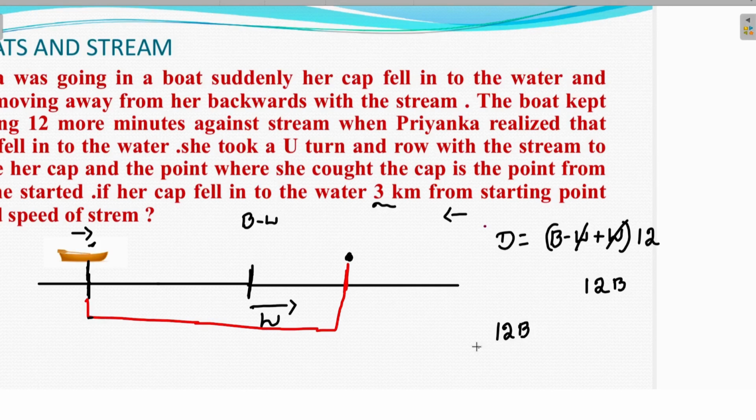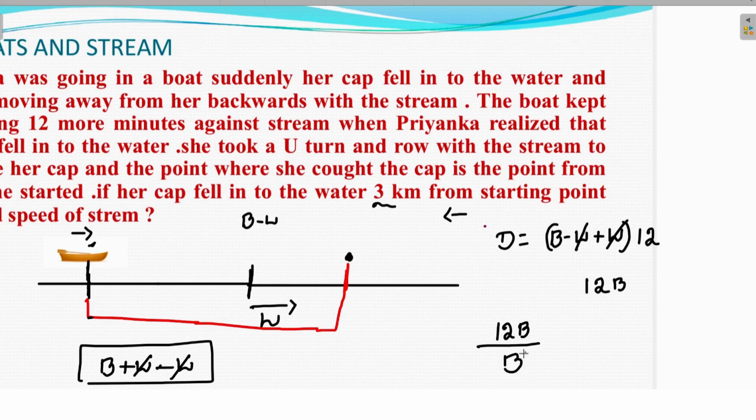Now both are traveling in the same direction, so the speed will be a subtraction. The boat speed downstream will be b plus w, the water speed will be w, then w gets cancelled. The relative speed of the boat and cap will be b, so total distance divided by speed is equal to time.